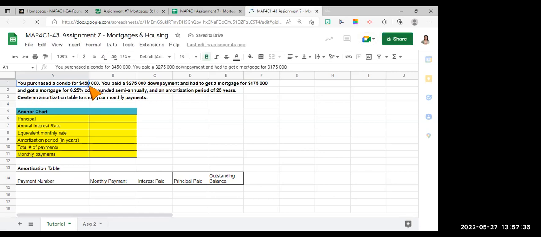You purchased a condo for $450,000. You paid $275,000 as a down payment, and you had to get a mortgage for $175,000. The mortgage was 6.25% compounded semi-annually with an amortization period of 25 years. Create an amortization table to show your monthly payments.